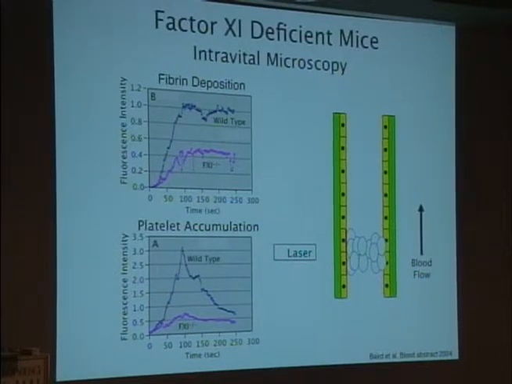And we think this is somewhat consistent with the previous ex vivo flow model, suggesting that fibrin deposition initially on the surface is an important substrate for subsequent platelet growth and eventual development of an occlusive thrombus.